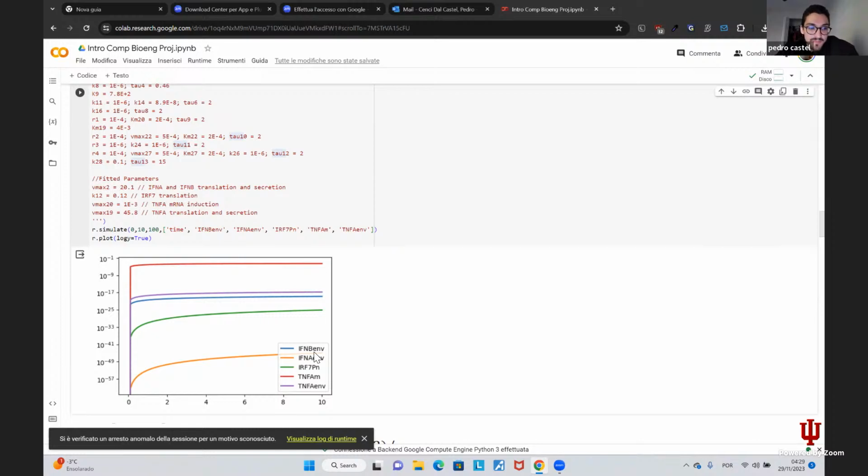How can you have 10 to the minus 20 molecules in your system? So it's basically 0. Then why do you have interferon alpha? Is it really responding to a viral infection? I'm not sure what's going on.